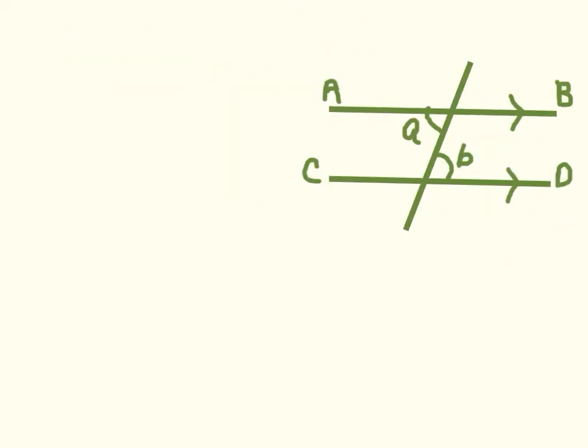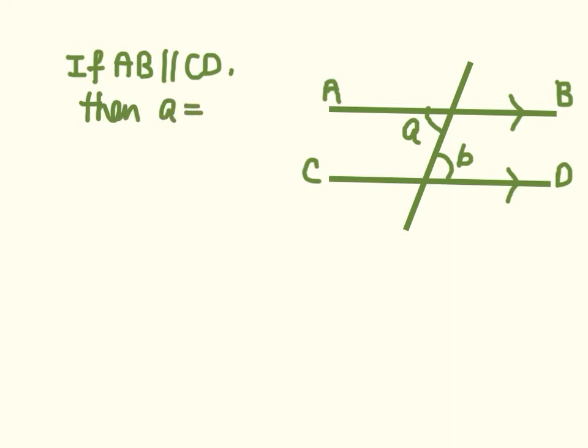The next theorem is about alternate angles. In the figure, if AB and CD are parallel, and angle A, angle B are alternate angles, then we can say that A and B are equal.